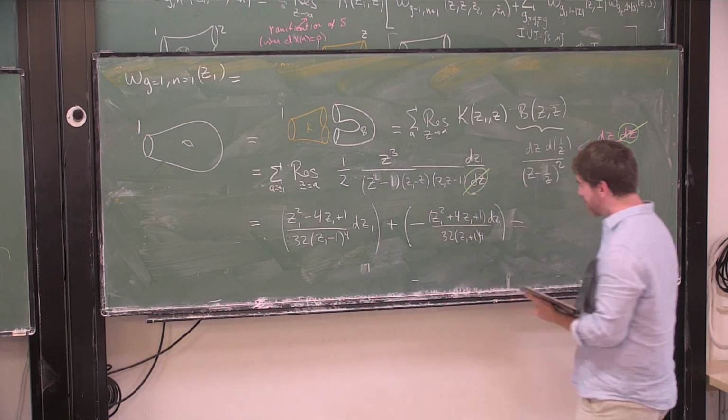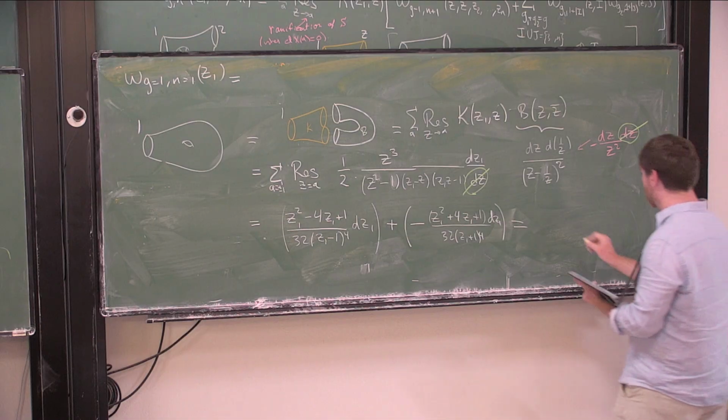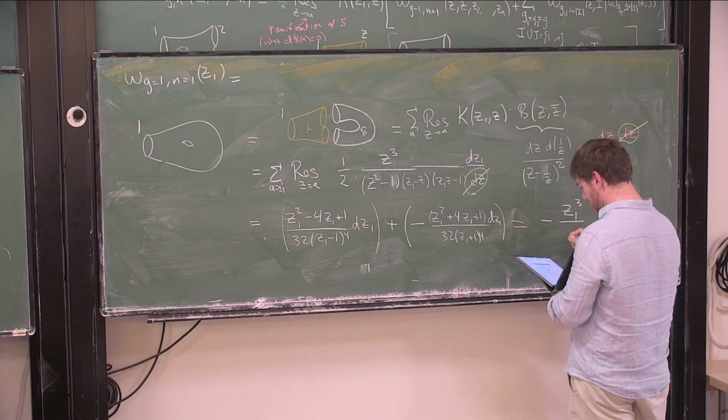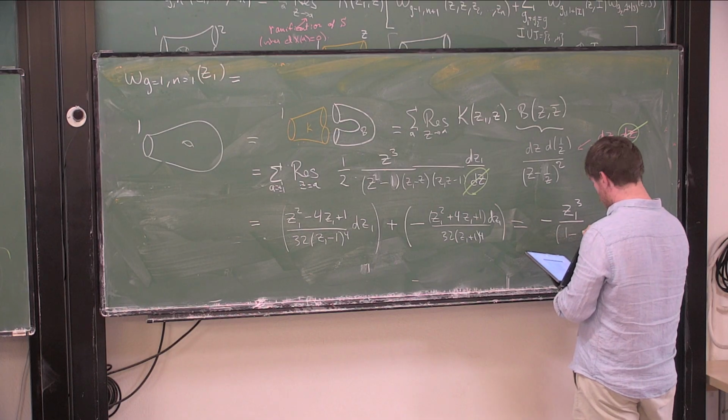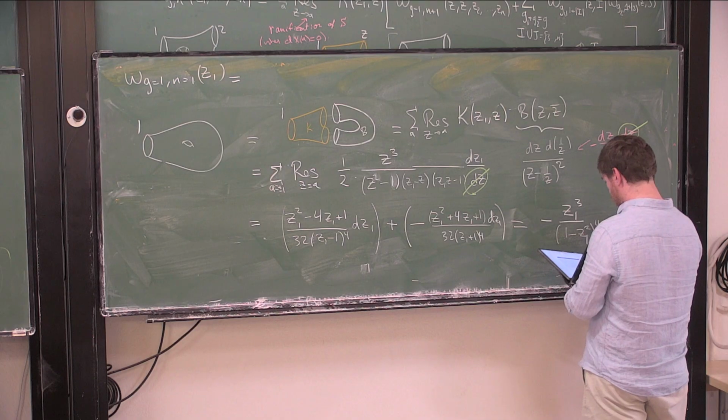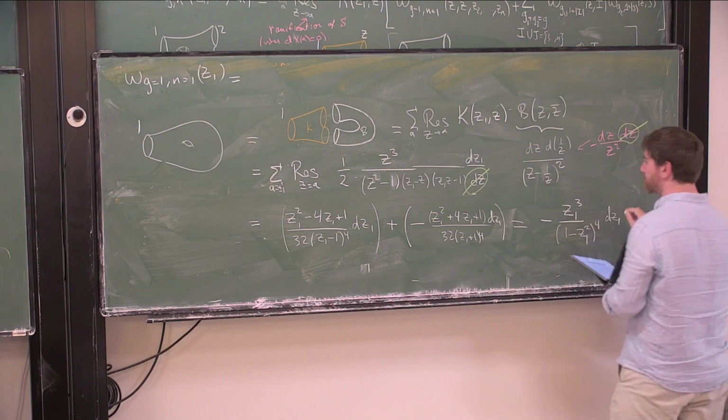And you can combine these two things in your free time. You'll find that this is equal to z1 cubed over 1 minus z1 squared over 4 dz1.